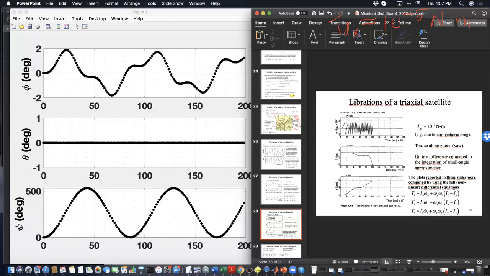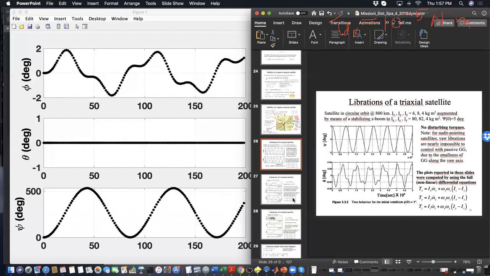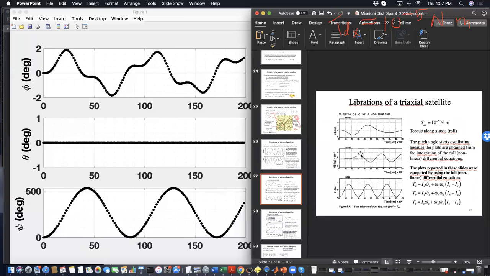So what is the problem? What we have emphasized today is that the gravity gradient, the passive stability, is not enough for the yaw axis. We need to provide an external tool. And also for the pitch and roll axis, you need to include additional actuators in order to dump or to mitigate these errors.